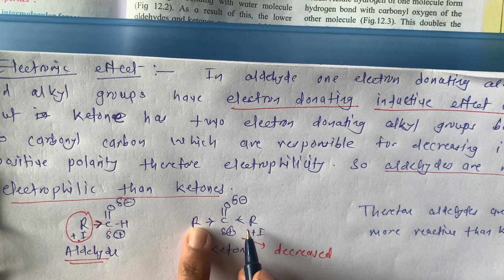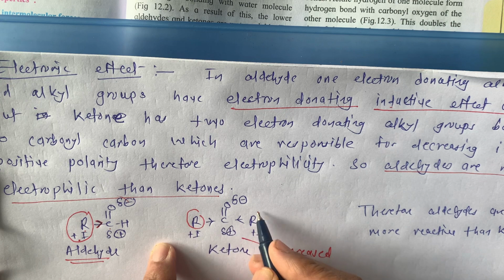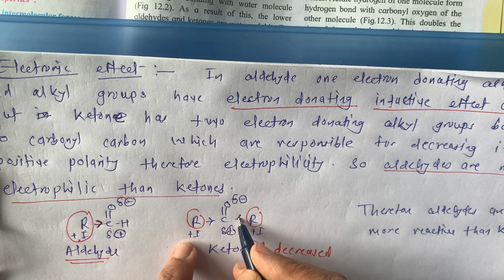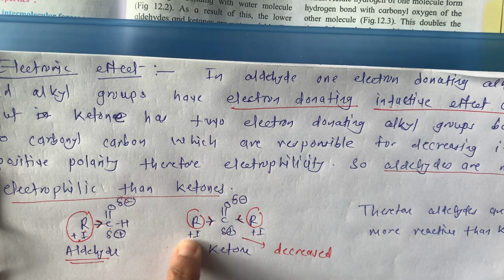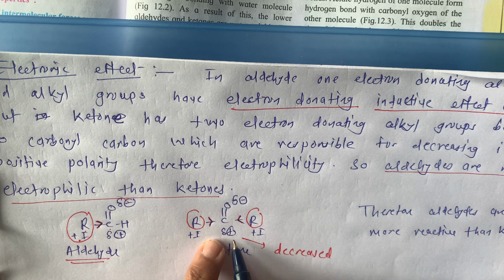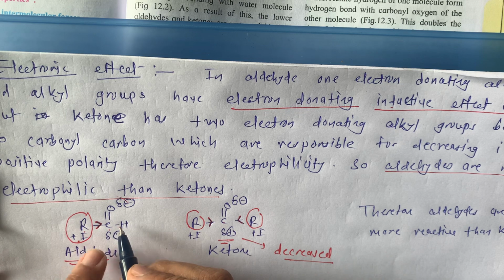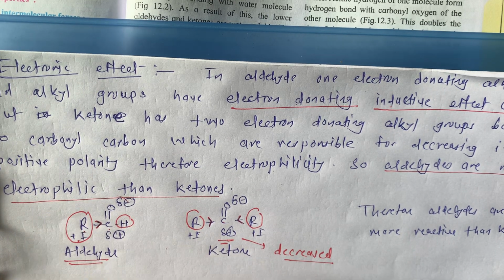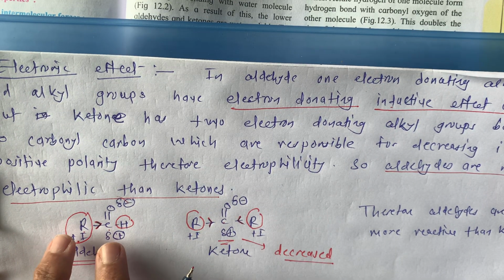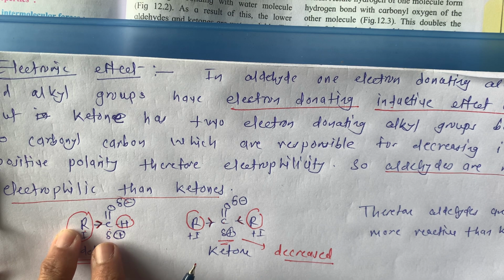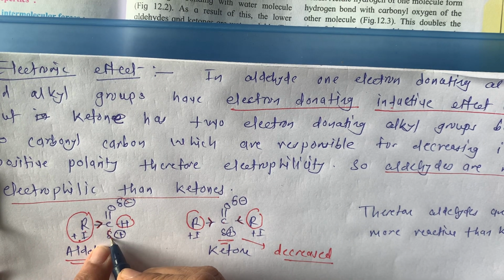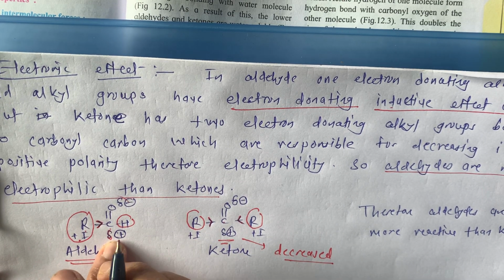But if you think about the ketone, then there are 2 R's. Both are going to donate electrons to this carbon, and that's why polarity of this carbon is going to decrease. While here it is 1 H, 1 R, so as compared to ketone, this has less polarity. So this delta positive charge is going to be retained somewhat.